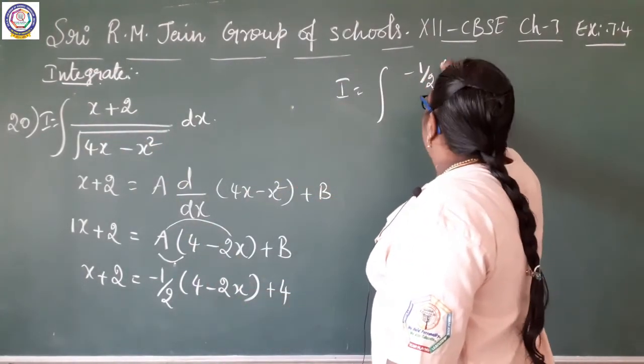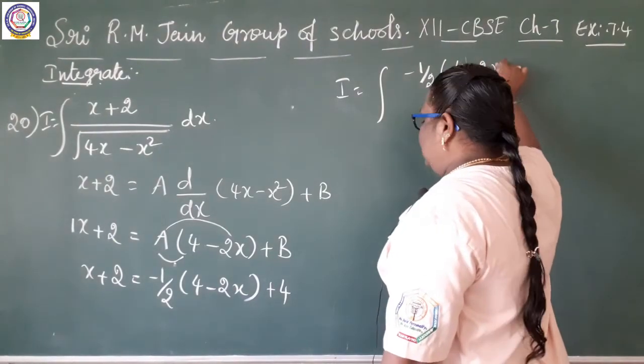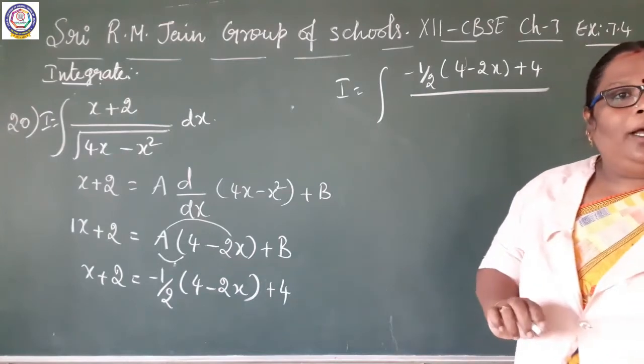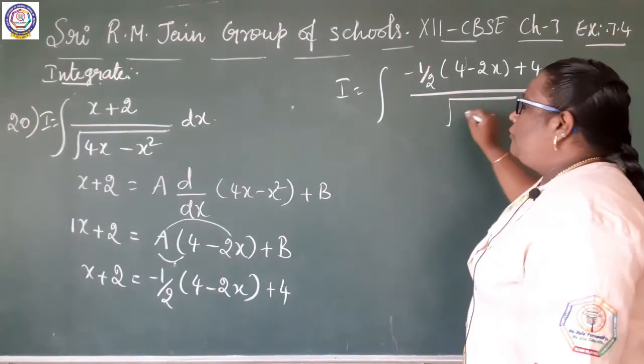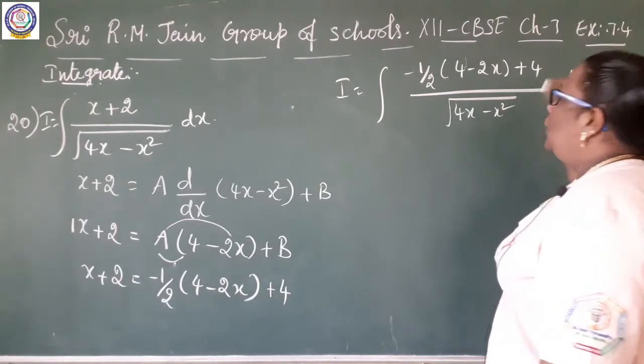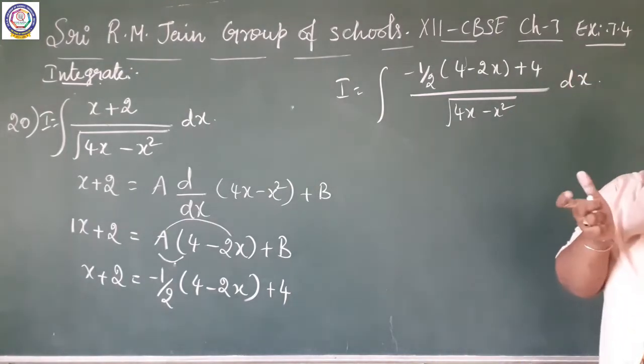Minus 1 by 2 into (4 minus 2x) plus 4 by, what is the denominator here? Root of 4x minus x square into dx. Now you split the term.